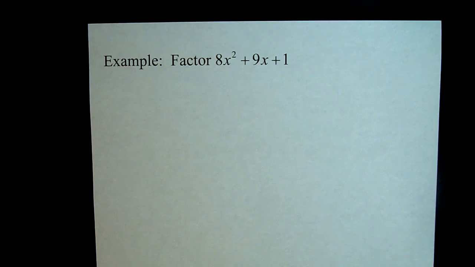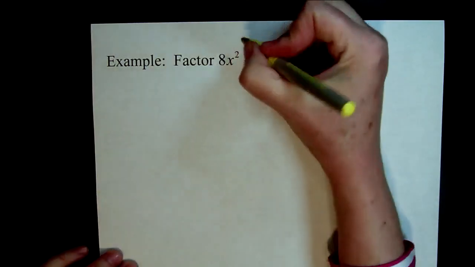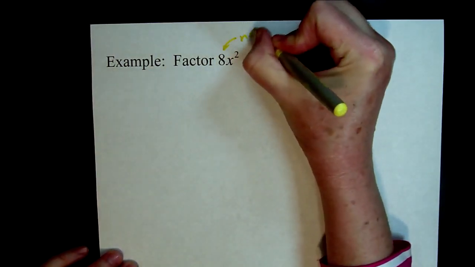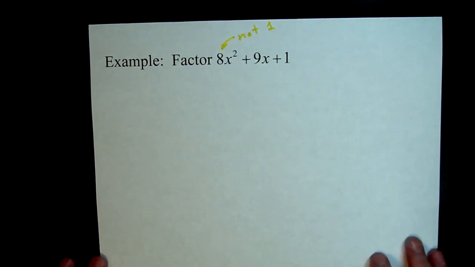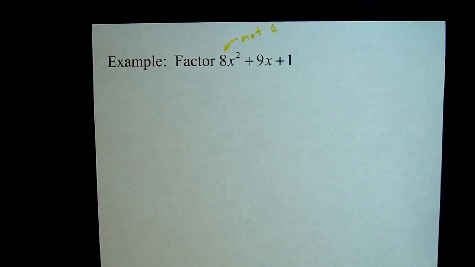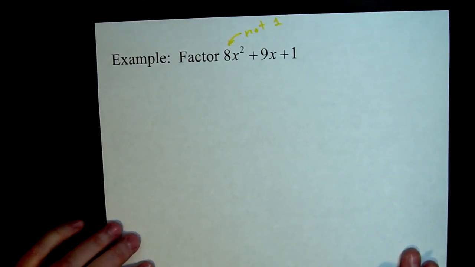To decide what factoring technique we're going to use, because we're starting to build up quite a library of factoring techniques, I first notice that I have 3 terms, so I'm factoring a trinomial. The coefficient on the x squared is not 1, so I can make parentheses, but I don't know exactly what to put in them. I'm going to have to make some educated guesses and then check my guesses to see which one's the right one.